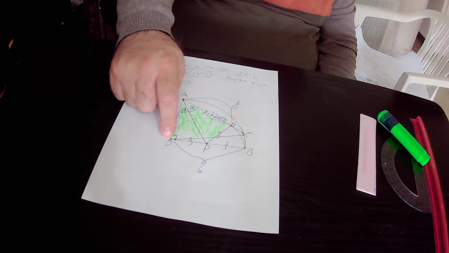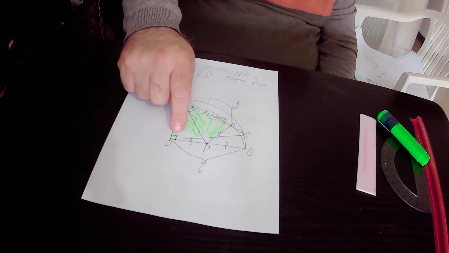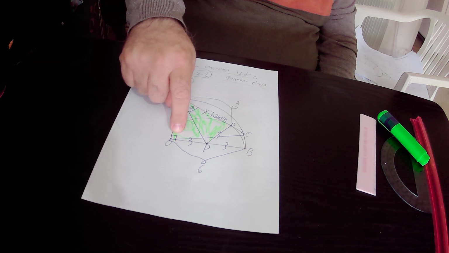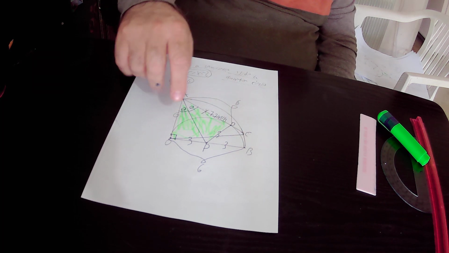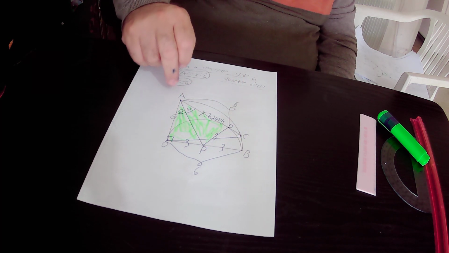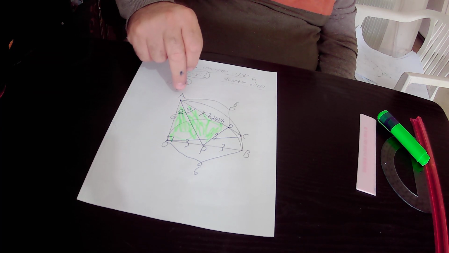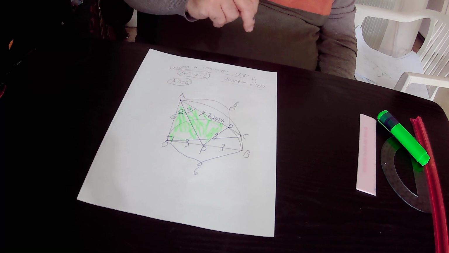O is the center of the semicircle, and this angle must be equal to 90 degrees. Angle OAB must be equal to 90 degrees because this is a quarter circle, and AO must be the radius of the quarter circle that is equal to 6 units.